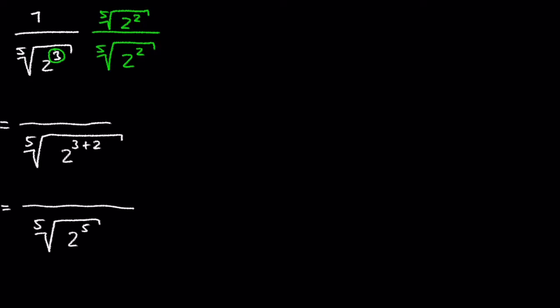Which finally gives us 2. So we get 7 times the 5th root of 4 in the numerator. The denominator is rational with the 2, and we are done with this problem.